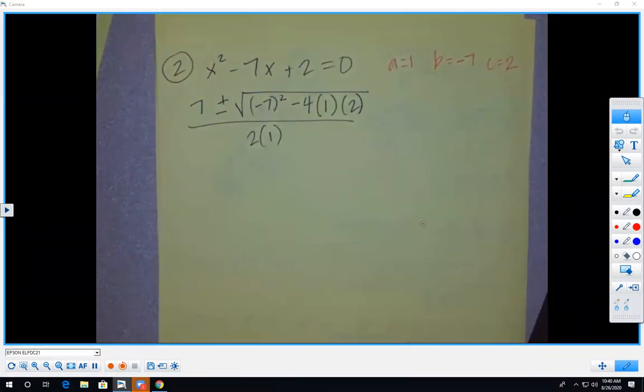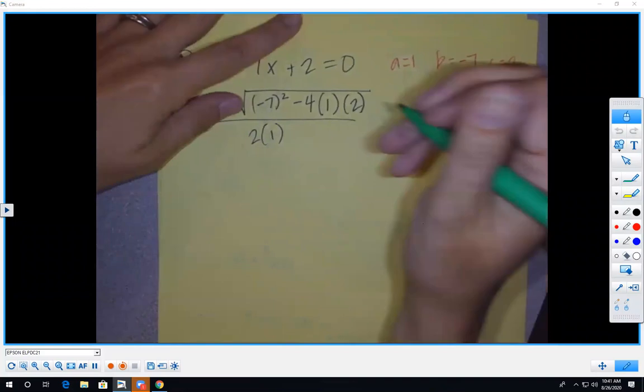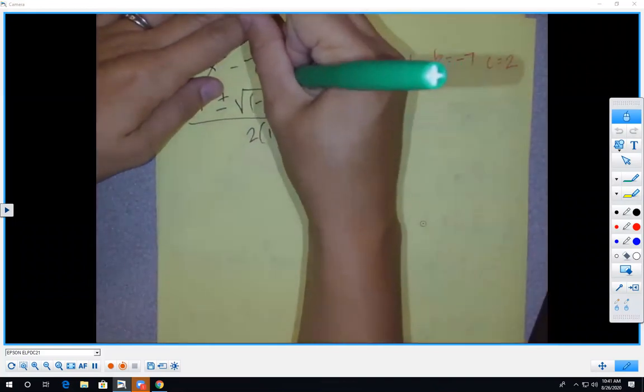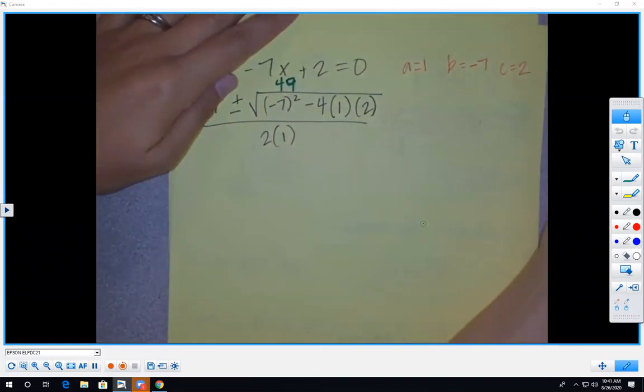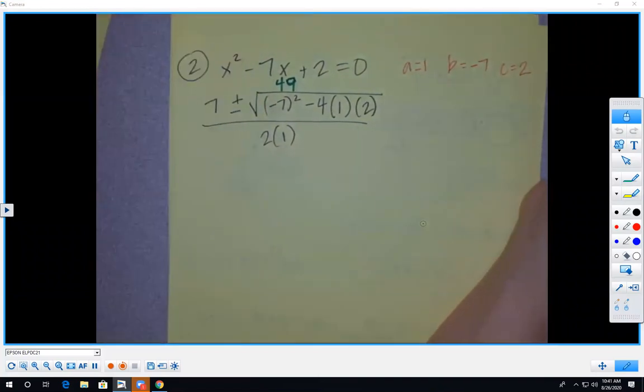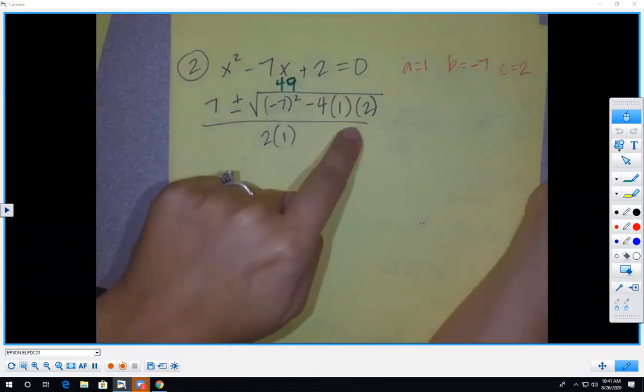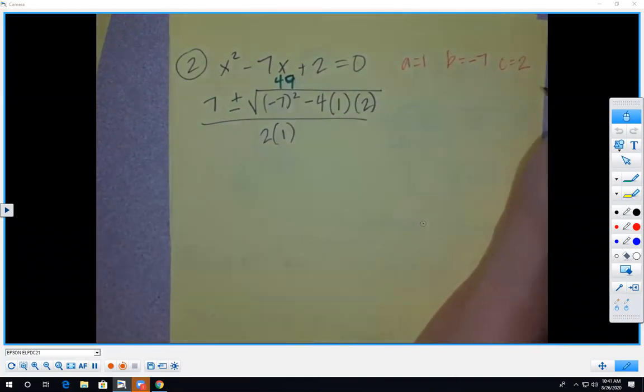Do the inside first. What is -7 squared? -7 times -7? +49. That first number will always be positive because anything squared is always positive no matter what, forever and ever. Amen. Okay. You figure out the second number and if it's a plus sign or a minus sign.